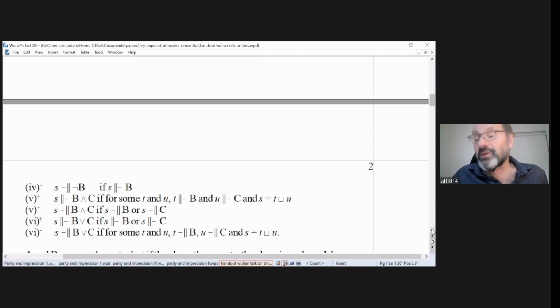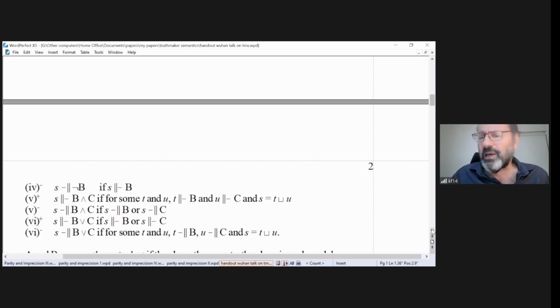So if B and C were the sentence I'm talking, it's cold outside, the way we get a truthmaker for the conjunction is by fusing a truthmaker for I'm talking and a truthmaker for it's cold outside. And it's very plausible, intuitively speaking, that this will satisfy the requirement of exactitude.